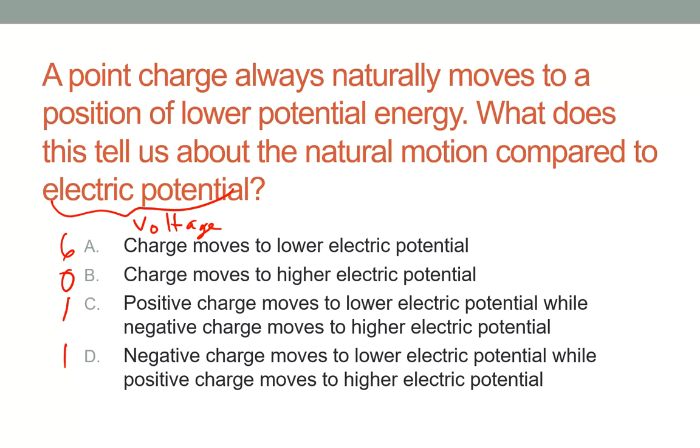So we started, everybody understands that things move to lower potential energy, right? And force is actually just a result of that. So if I have a negative charge, where does negative charge have higher energy? If it's close to positive or close to negative?